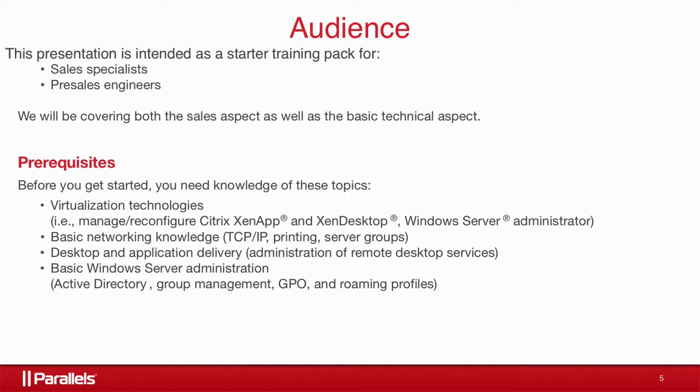Desktop and application delivery: the concept of installing applications on a server, Windows Server for example, and streaming those apps to endpoint devices. Most recently, application packaging using App-V, Turbo.net, or other tools in the marketplace, like Cloudpaging as another example. It's a plus, but it's not mandatory to understand how we build those packages.